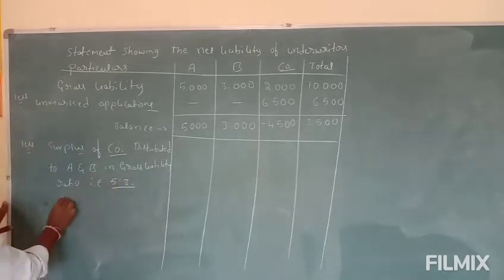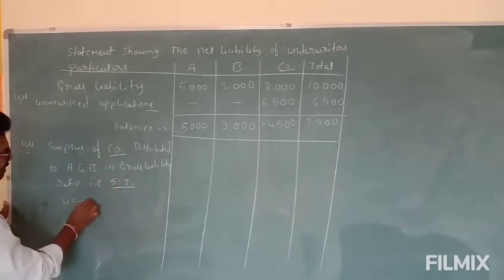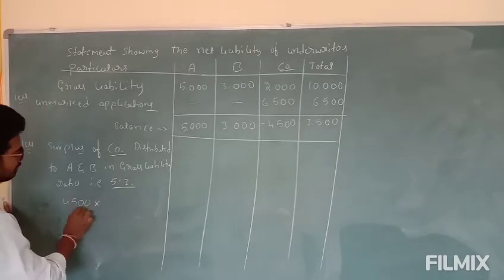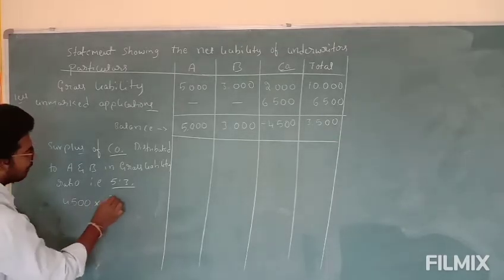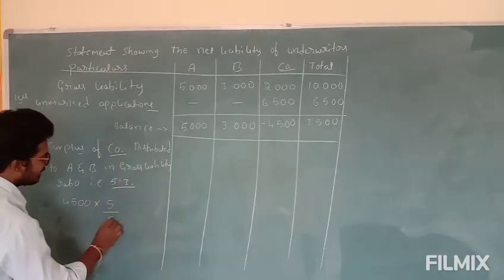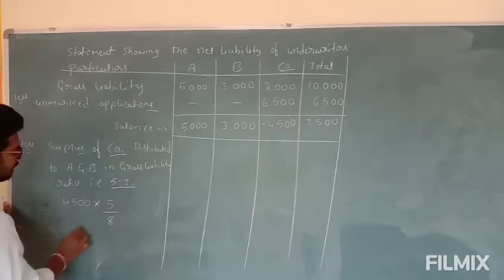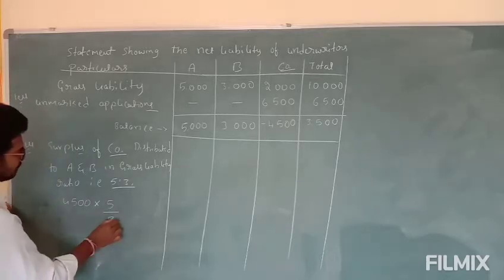So now calculate. This calculation you can show: 4,500 into 5. Total 5 plus 3, 8. You can simplify it.